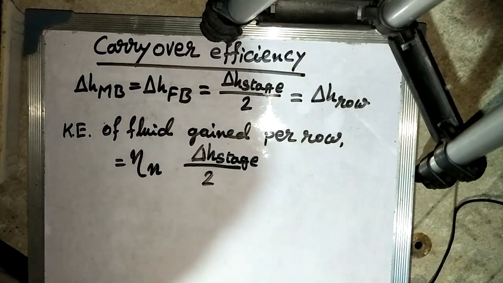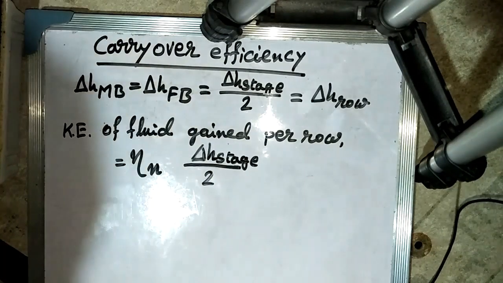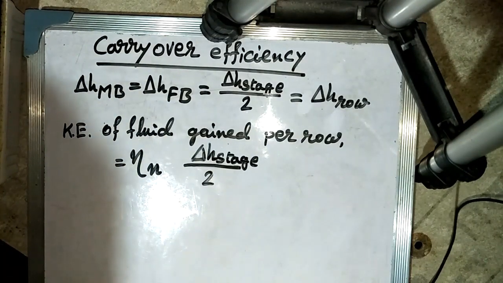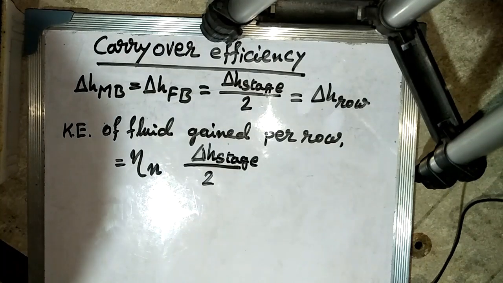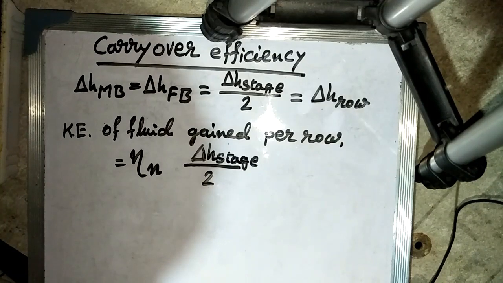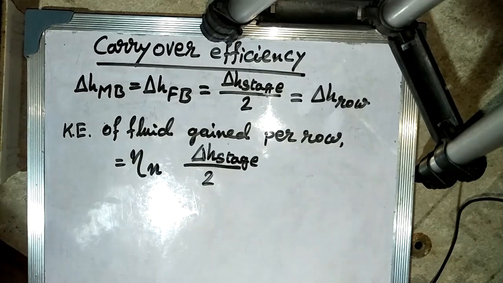Now the kinetic energy associated with the leaving velocity of the preceding stage is available to do work in the following stages. Of course, some loss is involved in the journey from one stage to the next, and is taken into consideration by what is known as the carryover efficiency.